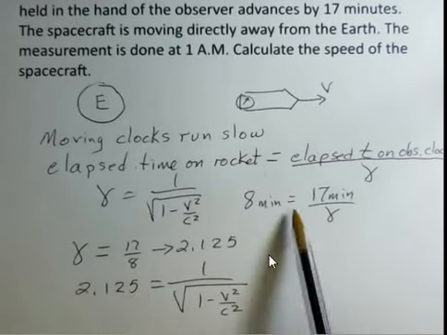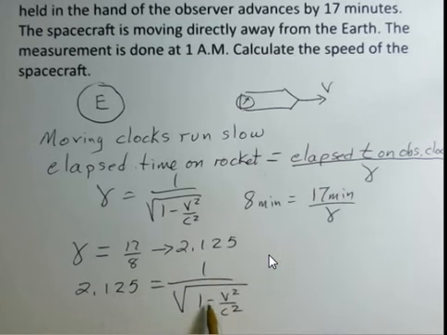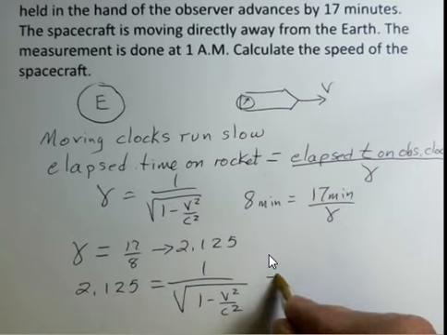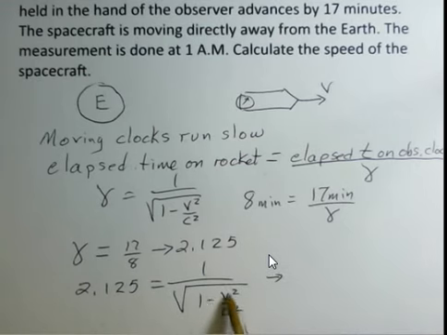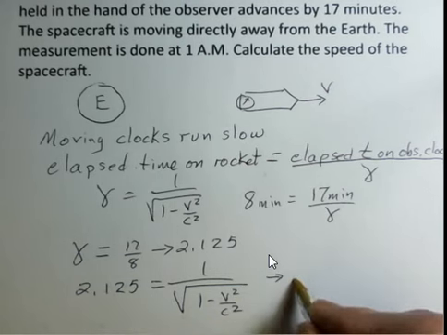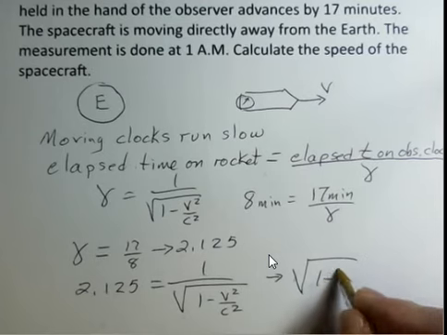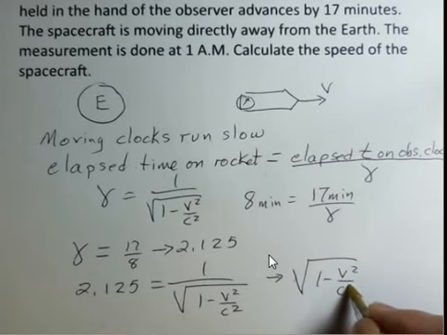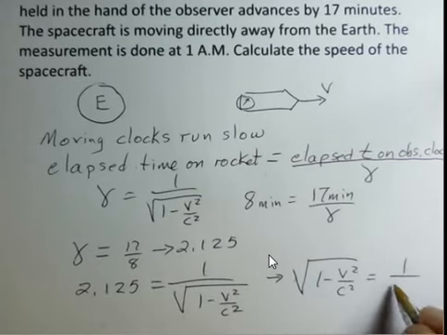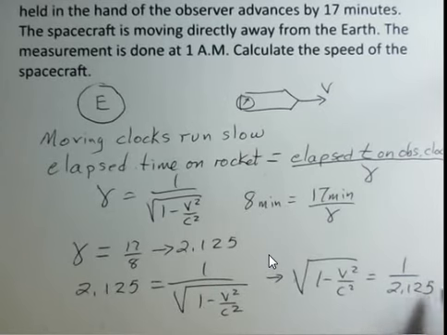We found the gamma by virtue of the times that were given. And now I'll cross multiply here. I'm going to multiply both sides by this whole square root. I'm going to divide both sides by 2.125, and we get the square root of 1 minus v squared over c squared equals 1 over 2.125.